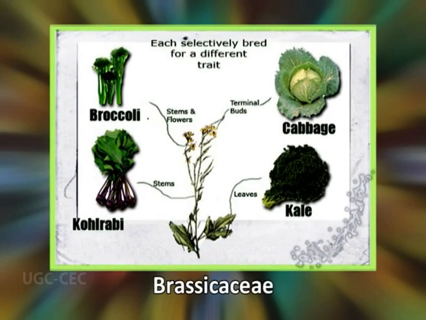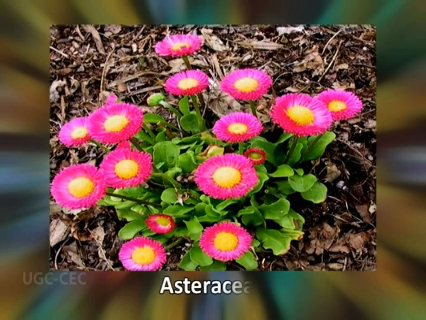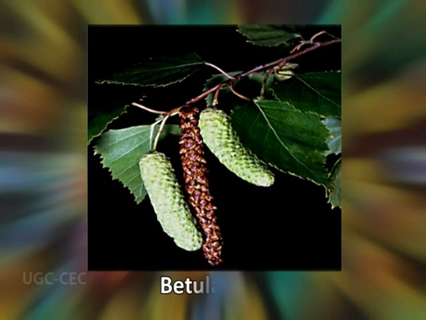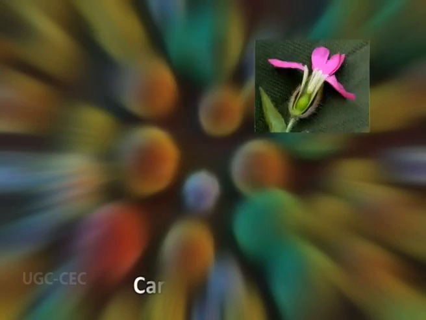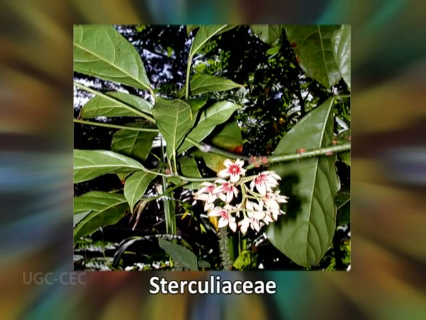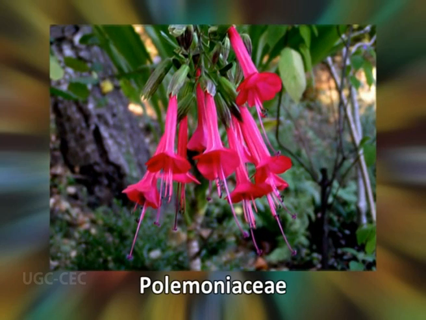This type of self-incompatibility was reported in families Brassicaceae, Asteraceae, Convolvulaceae, Betulaceae, Caryophyllaceae, Sterculiaceae, Polemoniaceae.